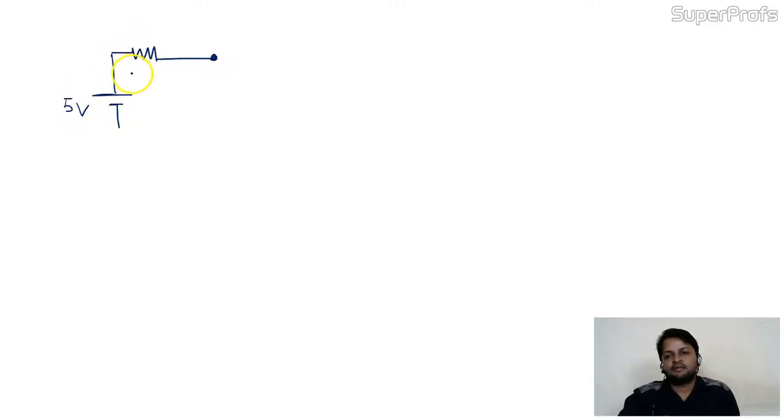Okay, I'm taking a simple example. Check: battery 5 volt, and this is 10 ohm. Again, I'm taking a branch across A and B, and the value of the branch is the same, 10 ohm.